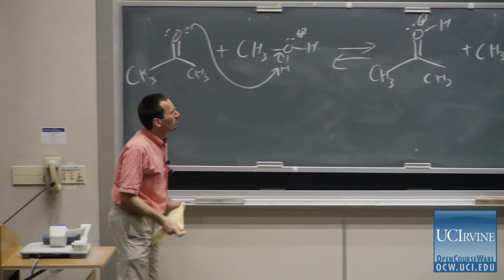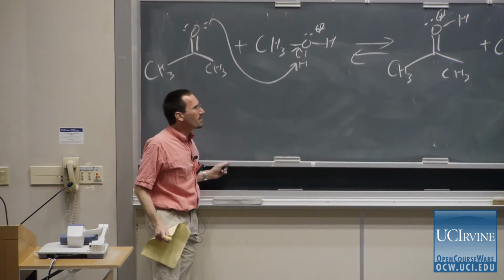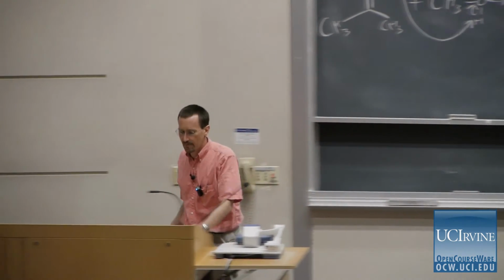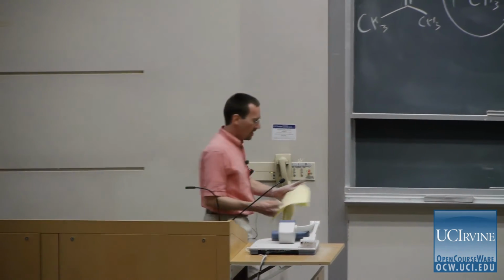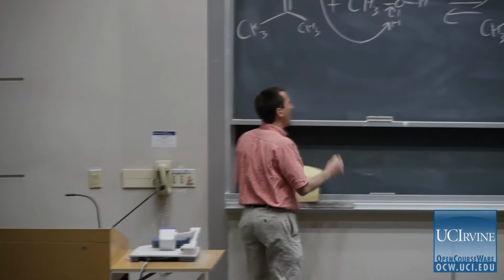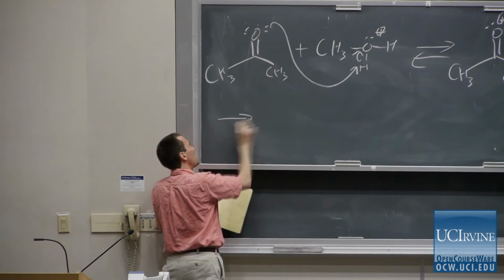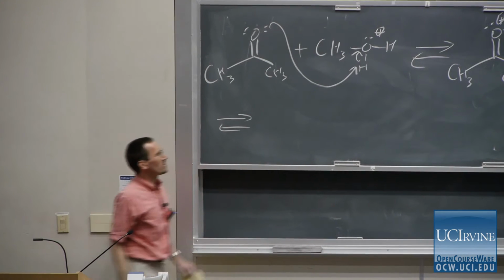Now, you end up with the self-same oxocarbenium ion. We've seen before the self-same protonated acetone. So we know that we can have an attack occur. And I think I'll go a little bit faster here.